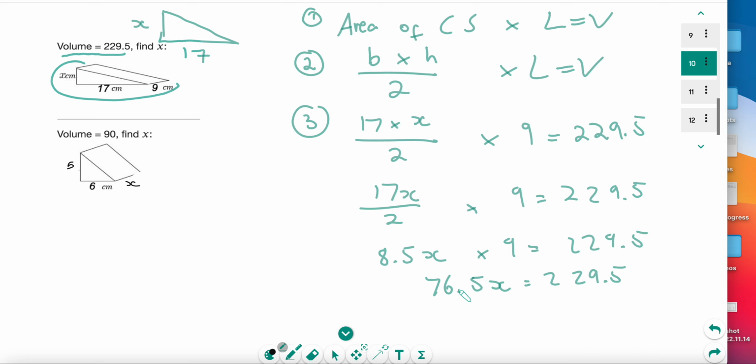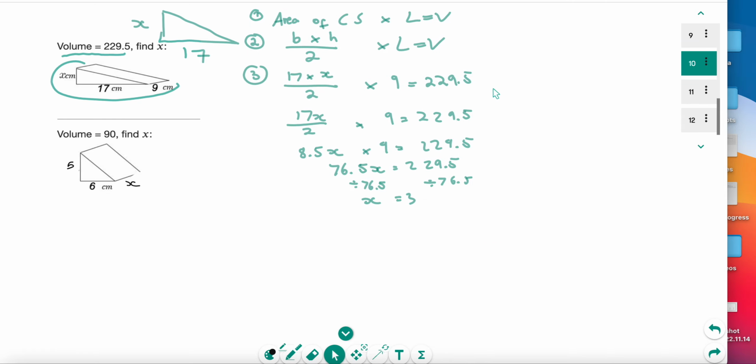Then x is being multiplied by 76.5, so I'll divide by 76.5 here and here. So x is equal to 229.5 divided by 76.5 equals 3. And that's our answer.